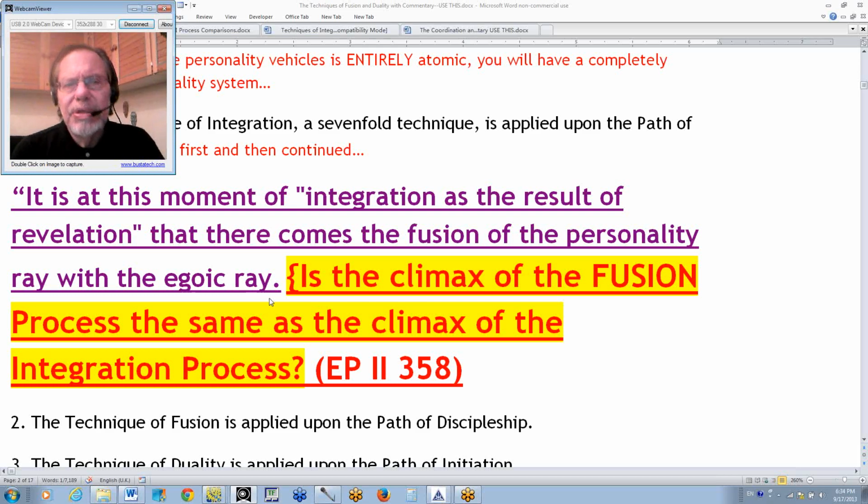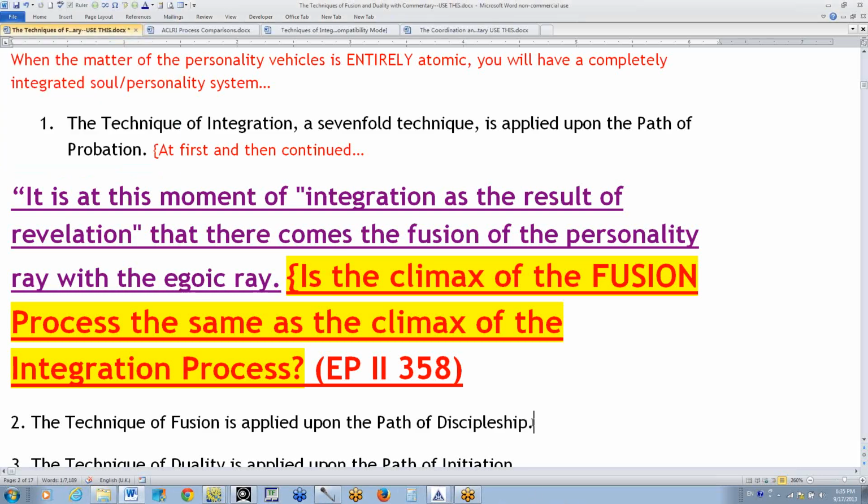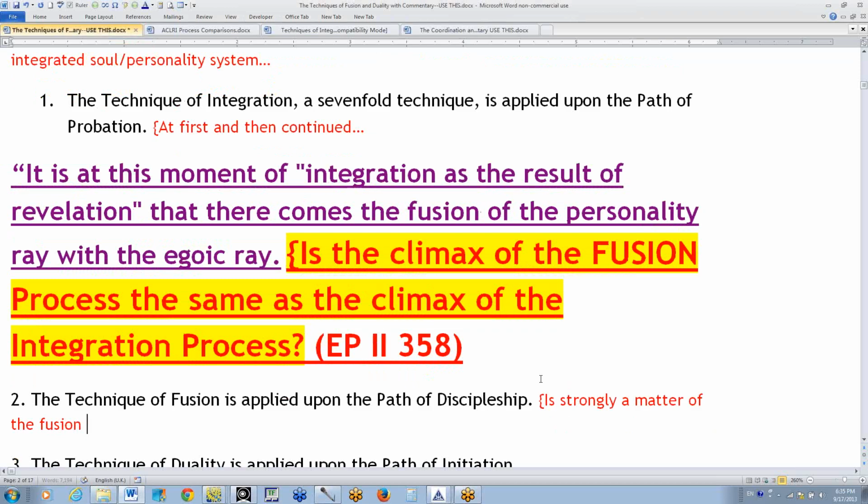So it probably is a technique that is applied over a number of lives, I would suspect. Yes. So the technique of fusion is applied upon the path of discipleship and is strongly a matter of the fusion of the consciousness of the soul and personality.